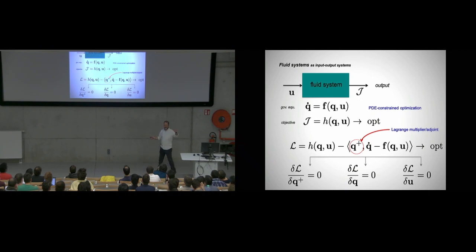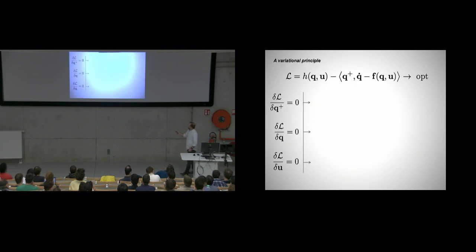That's my three variables of L, and I set all of them to 0 to satisfy the constraint that this has to be a minimum or a maximum. And just like with functions, you get three expressions for these three conditions. Okay, so here is our Lagrangian.